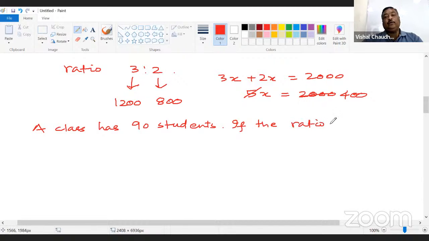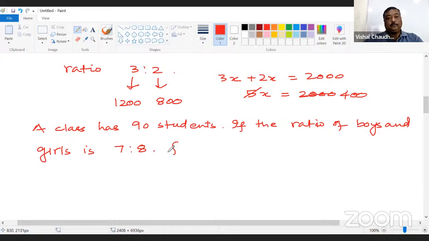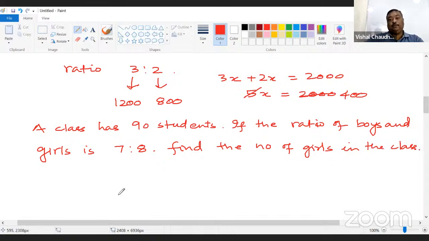If the ratio of boys and girls is 7:8, find the number of girls in the class.